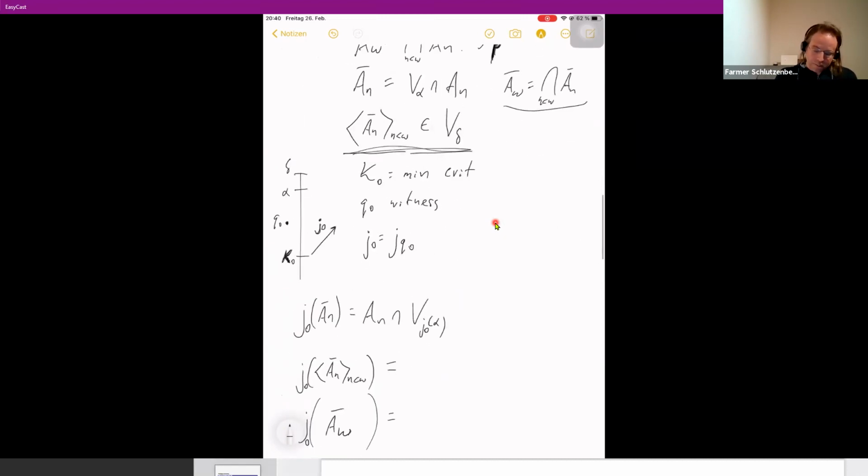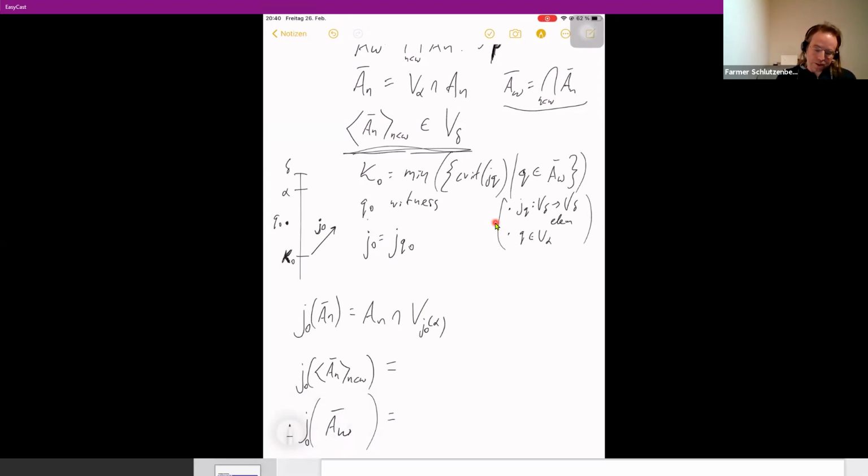So let's take the minimum of all the critical points of J_Q such that Q is in this A bar omega. That's just saying that J_Q from V_delta to V_delta is elementary, and Q is in V_alpha. So those two things. Okay, so that's the minimal critical point.